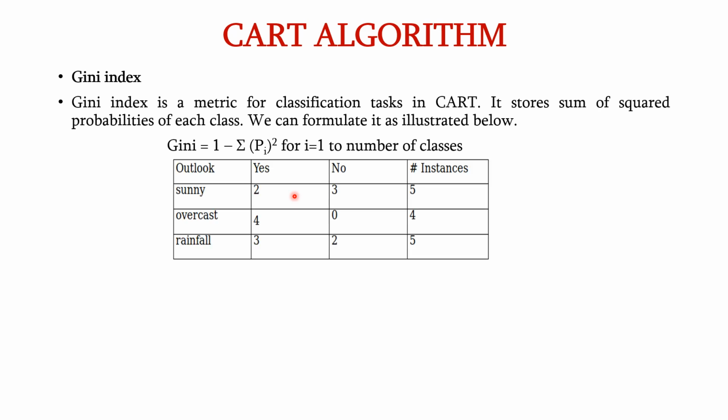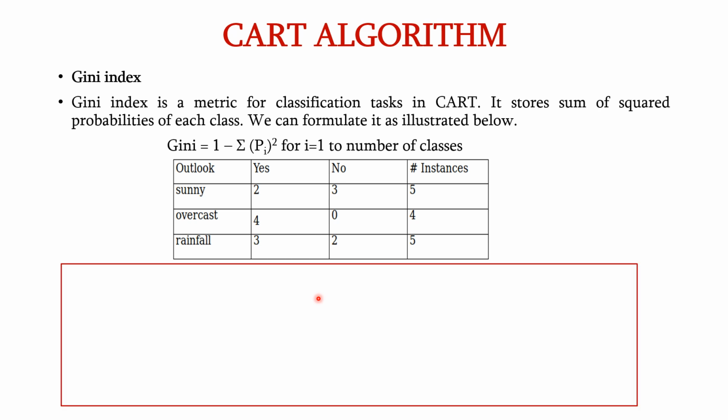Now let us consider the instances of the outlook feature which we have framed in the previous slide. We have to calculate the Gini index for each category, that is sunny, overcast and rain. So Gini index of outlook equal to sunny is 1 minus, applying the formula, pi whole square, where pi is the number of items belonging to class label i.